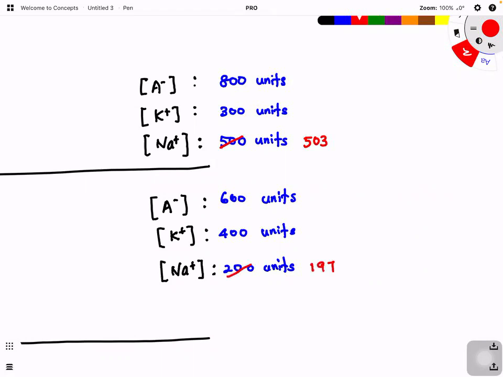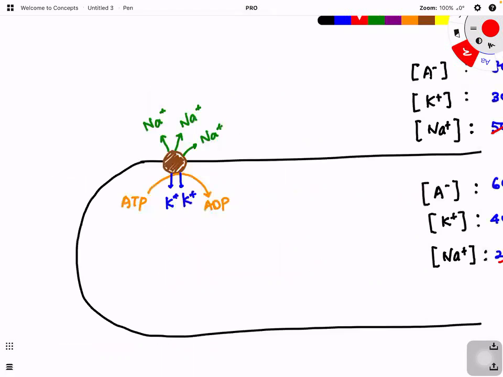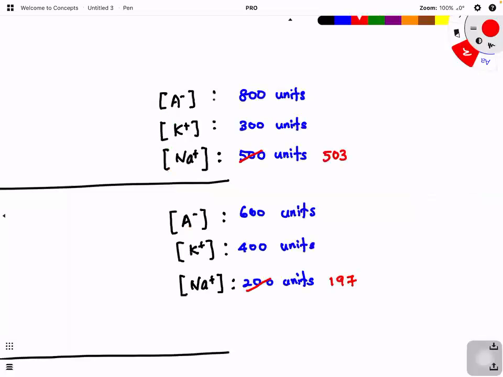You get the idea? Because we pump out 3 sodium ions and take in 2 potassium. So when we take in 2 potassium, outside is no longer 300, it's 298. Potassium ion inside now becomes 402.